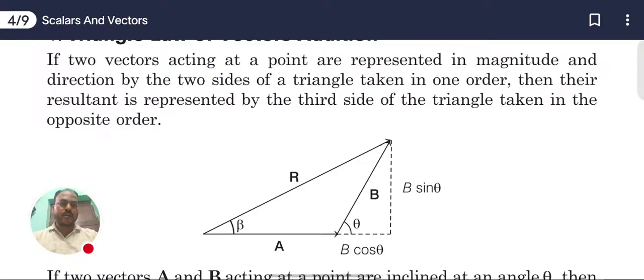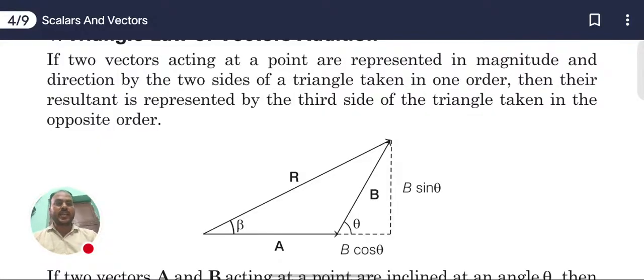Both vectors have their initial point at the same point and are moving in the same direction. Then their resultant is represented by the third side, which is taken in the opposite order to vector A.